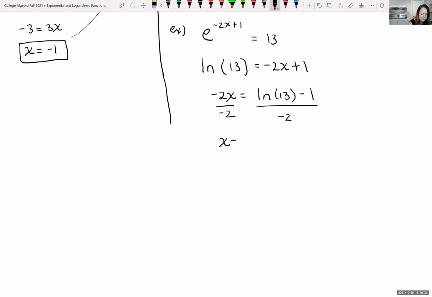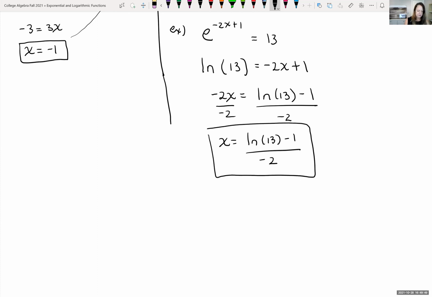So x is equal to the natural log of 13 minus 1 all over negative 2. So that would be the exact answer. And for your exam in this section, I don't allow calculators. And so I would just say, give me your exact answer, and this would be it.